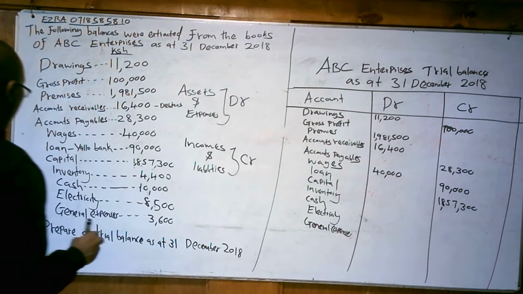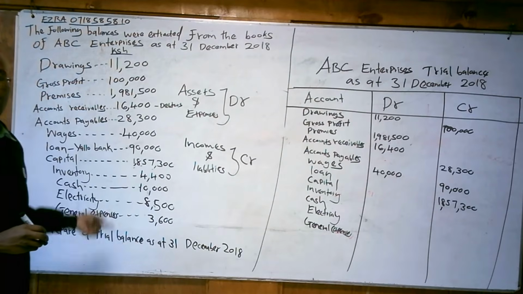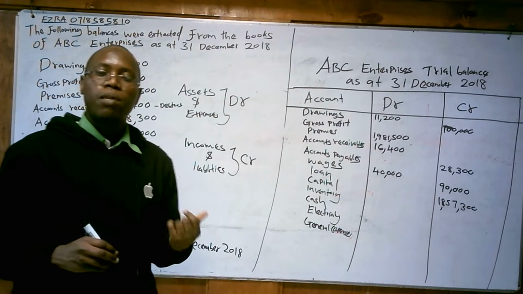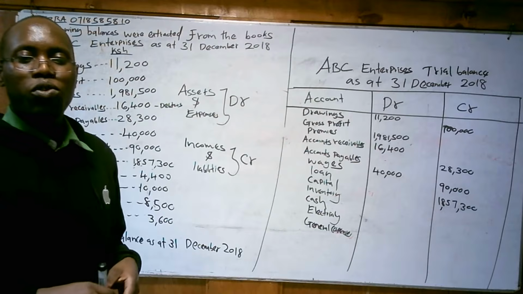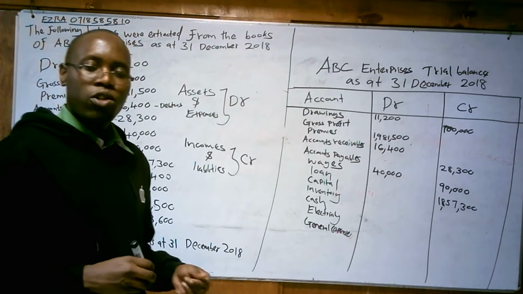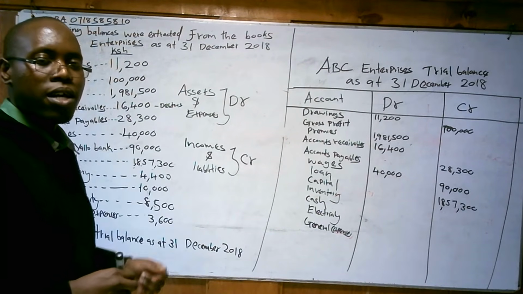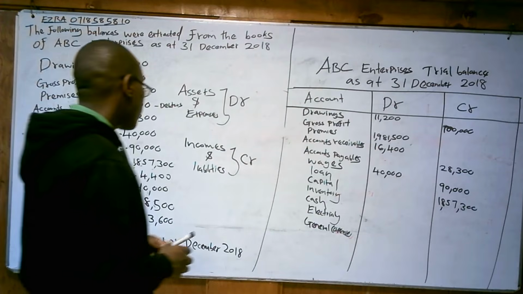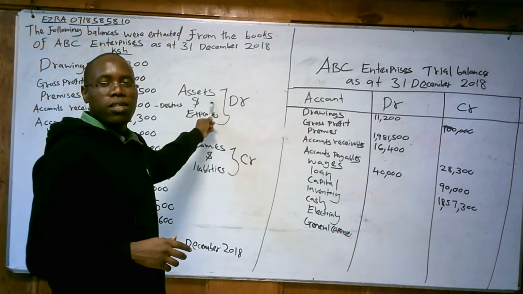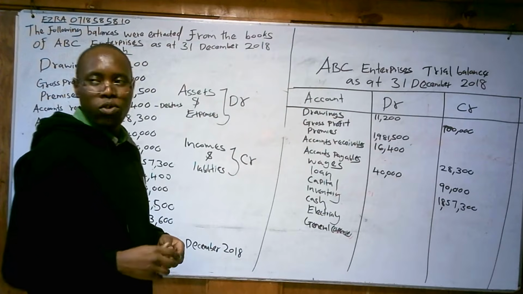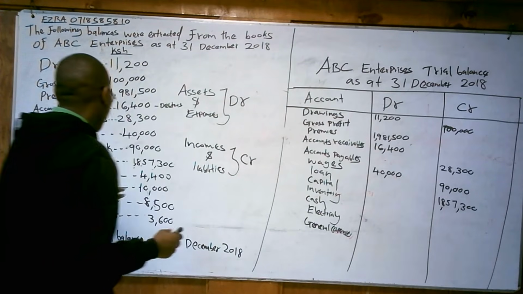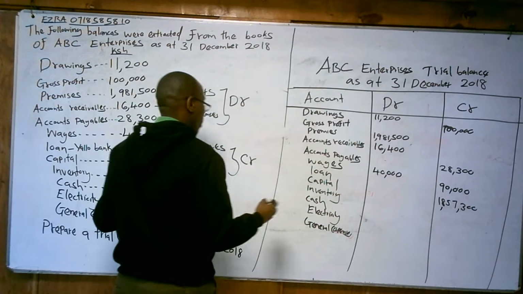And then we have inventory. You know very well that inventory is the same as stock. Those are actually assets. So inventory is going to appear on the debit side of the trial balance, because that's an asset. So the inventory will appear on the debit side, and it's 4,400.